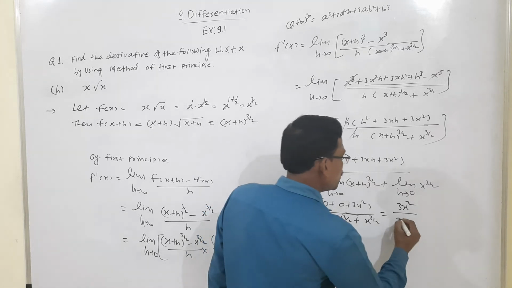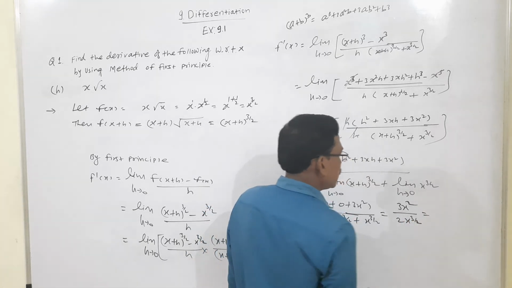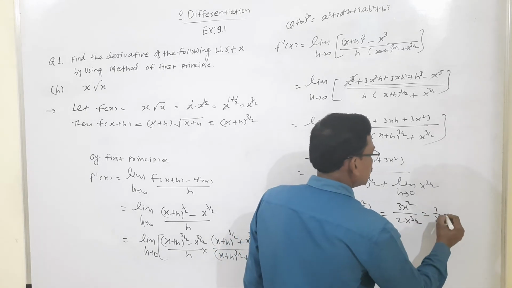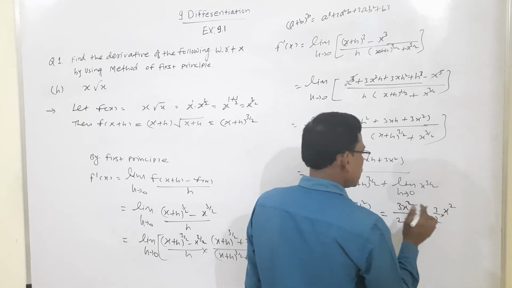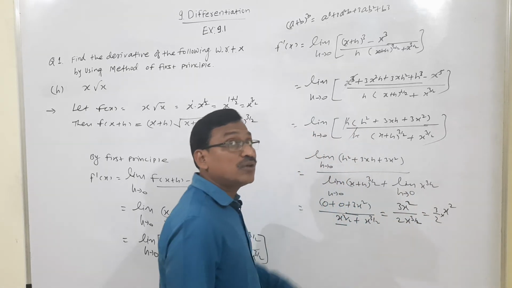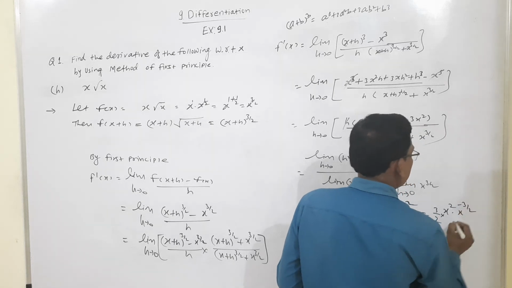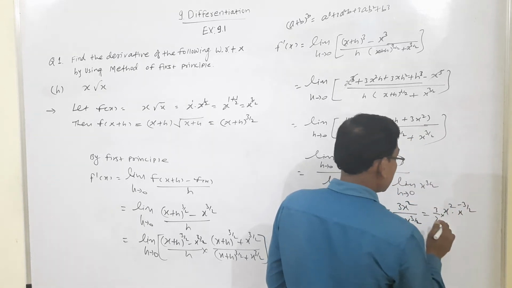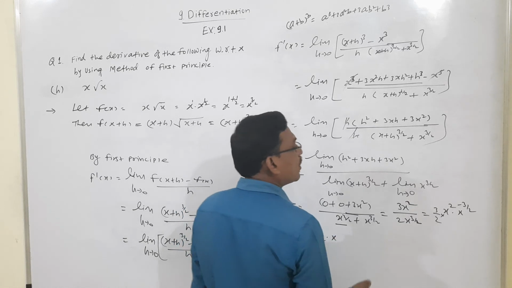So it is 3x square divided by x raised to power 3 by 2 plus x raised to 3 by 2, it is 2x raised to 3 by 2, and therefore it is 3 by 2 into x to the power 2. Take this x to the power 3 by 2 from the denominator to the numerator, that's why it becomes x to the power minus 3 by 2, and so it gives 3 by 2 into x to the power.